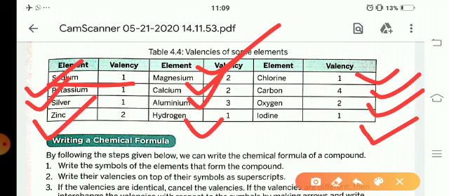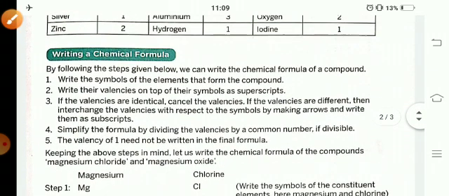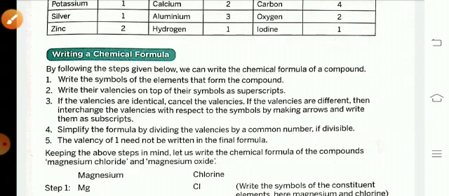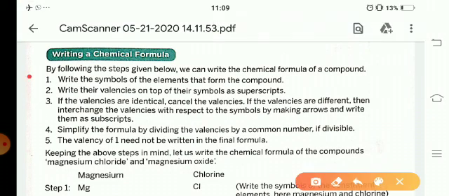Then let's start writing a chemical formula. By following the steps given below, we can write the chemical formula of a compound. First, write the symbols of the elements that form the compound. Second, write their valencies on top of their symbols.